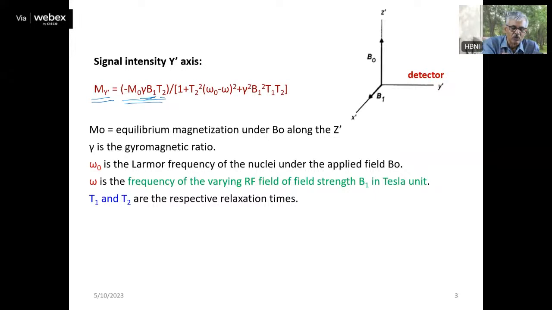M0 is the equilibrium magnetization under the applied field B0 along the z prime axis, gamma is the gyromagnetic ratio, omega 0 is the Larmor frequency of the nuclei under the applied field B0, and omega is the frequency of the varying radio frequency field of field strength B1.